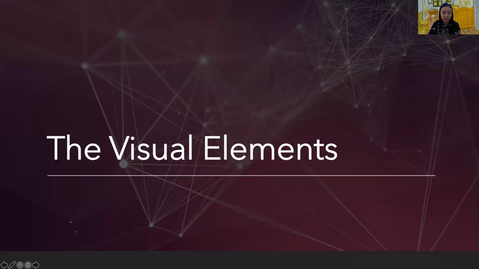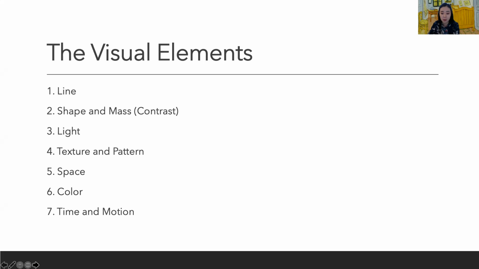All right. So let's see what the visual elements are. These are visual elements the artists use when they make a work of art. In the visual elements, there are line, shape and mass, light, texture and pattern, space, color, and time and motion.